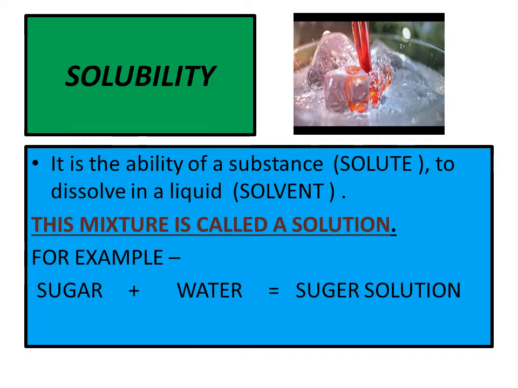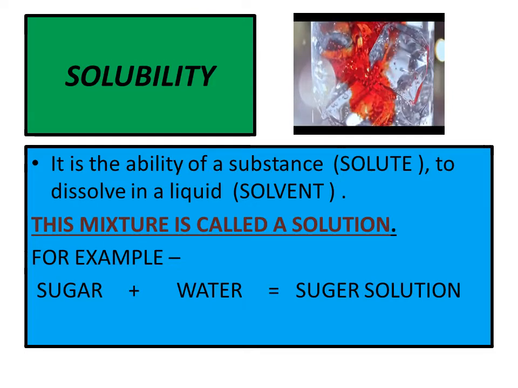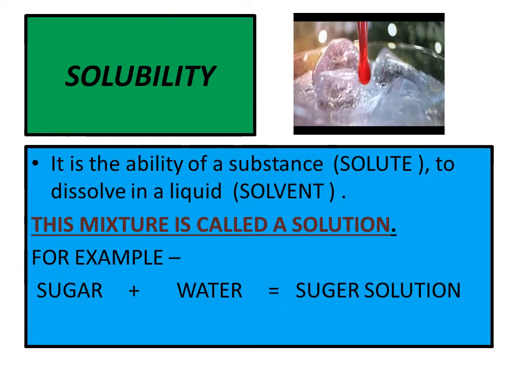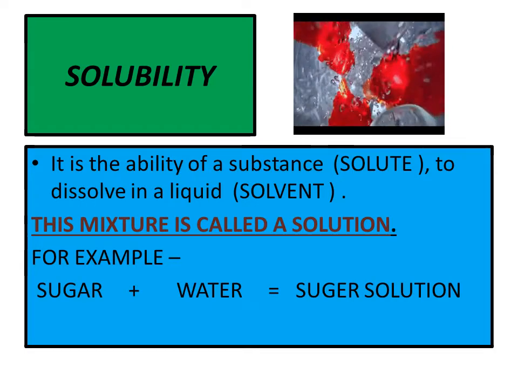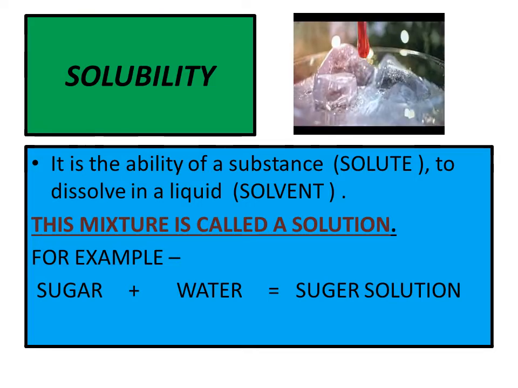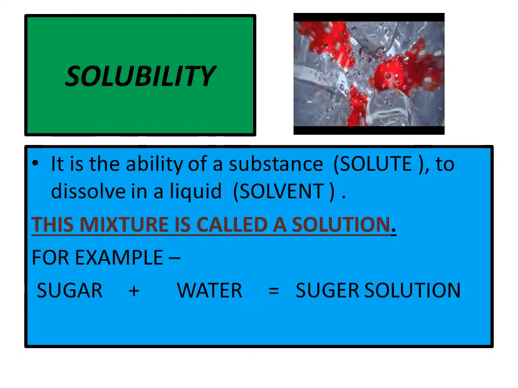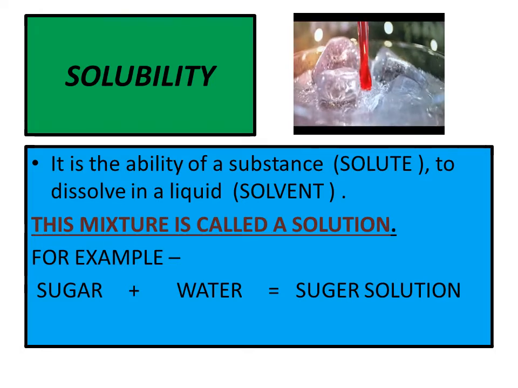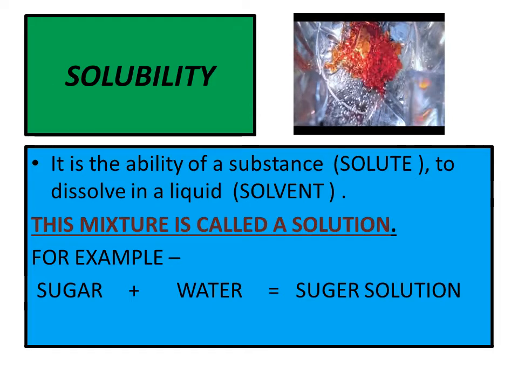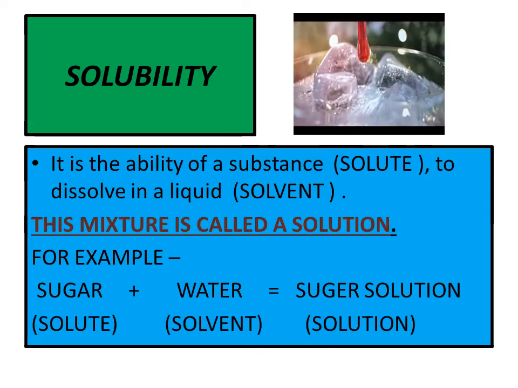If we have to make sweet water, what we will do? We will add sugar to water and we will get a sugar solution. So here sugar is the solute and water is the solvent, and the sugar solution is the result of the solubility. So you must have understood the concept of solubility.